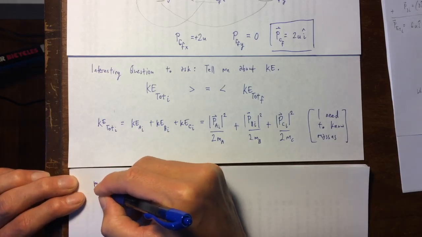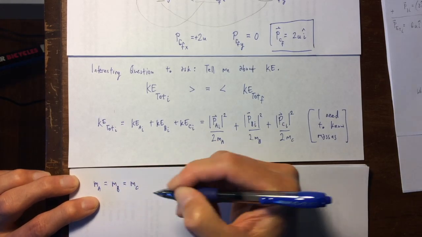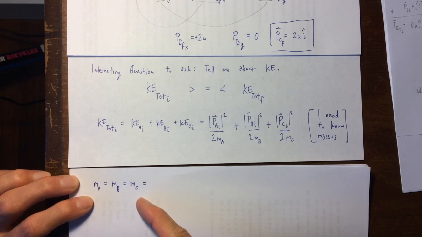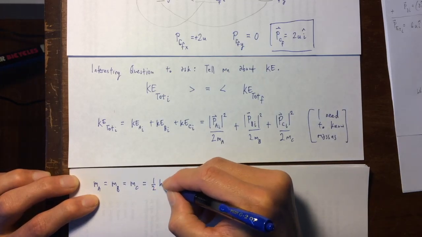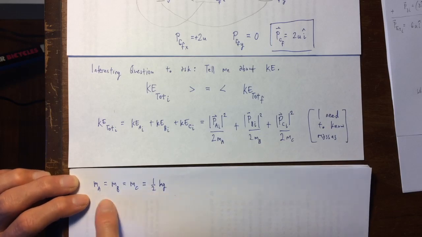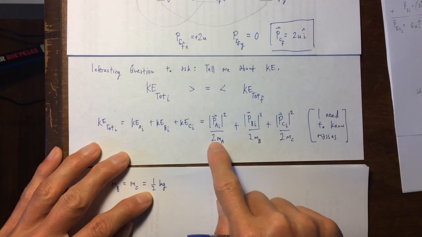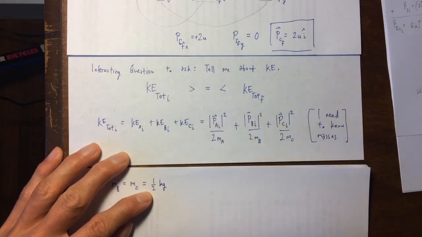I'm going to choose that MA, MB, and MC are all the same mass, and the value is 1/2 of a kilogram. So that's going to be my choice. The reason I choose 1/2 of a kilogram is because it gets doubled. So what happens in the calculations is I'll always be dividing by 1 kilogram, essentially.